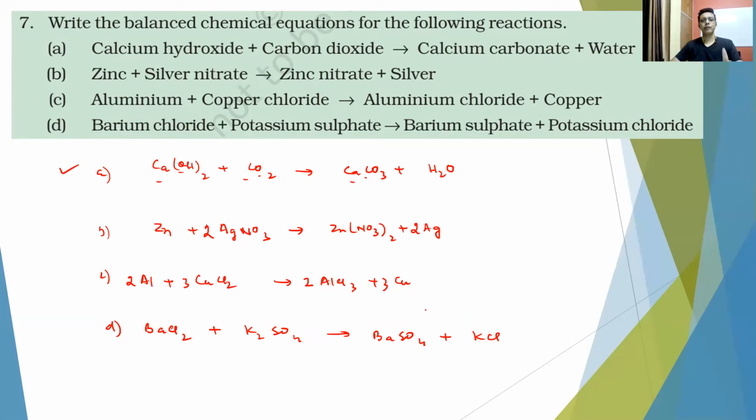So try to write the formulas correctly, otherwise you cannot balance the equation. Now here see, sulfate is already balanced, barium is already balanced, 2K and 2Cl. So if you place 2 here, KCl, it will balance 2K and 2Cl.